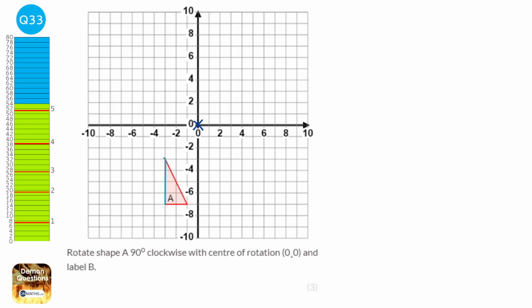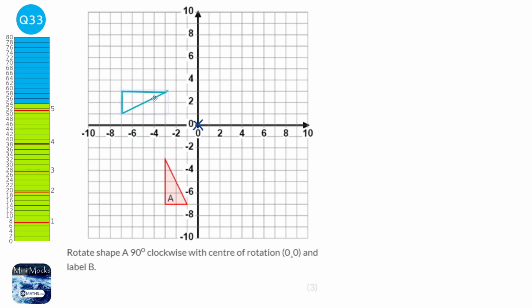So just copy it out. And what you do is you'd push your pen into 0, 0. And unfortunately I can't do that. But when you rotate it 90 degrees clockwise, the shape will end up here.